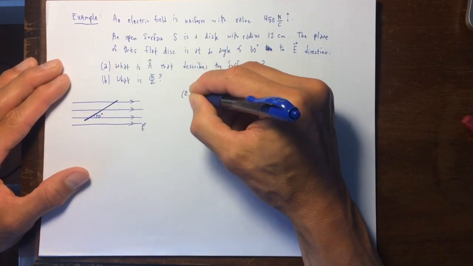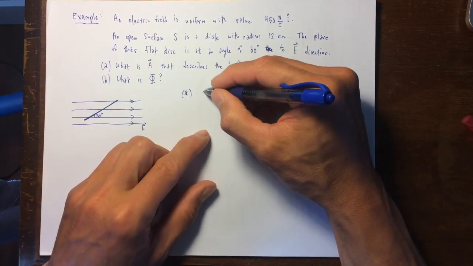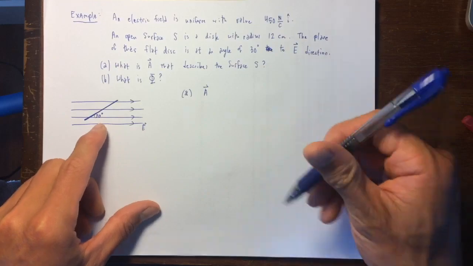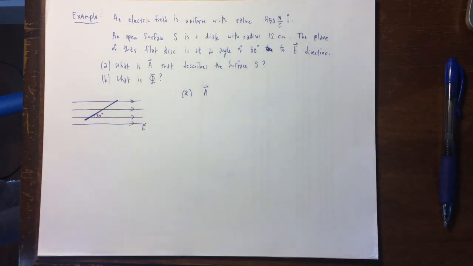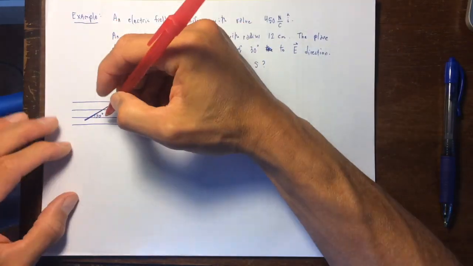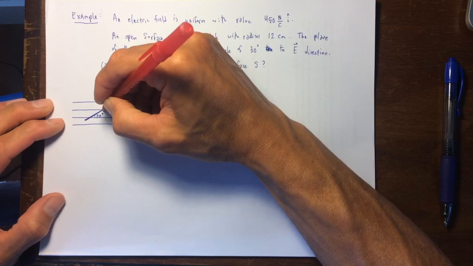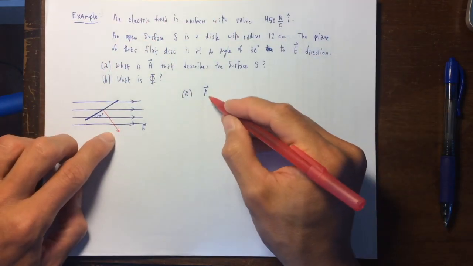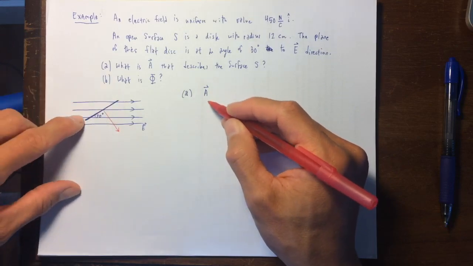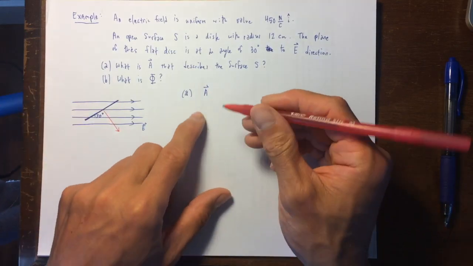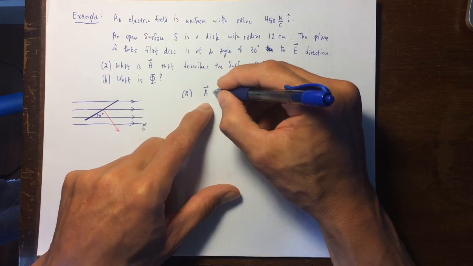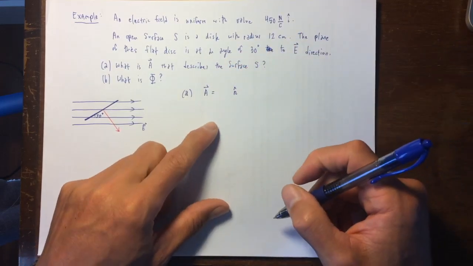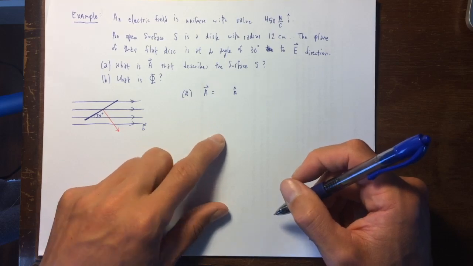So to do part A, you have to remember that the vector that represents the surface is a vector that is perpendicular, right? So it is perpendicular to the plane of the surface. That's the direction n hat that I indicated earlier.